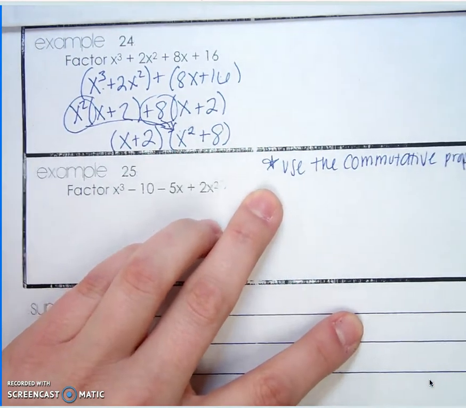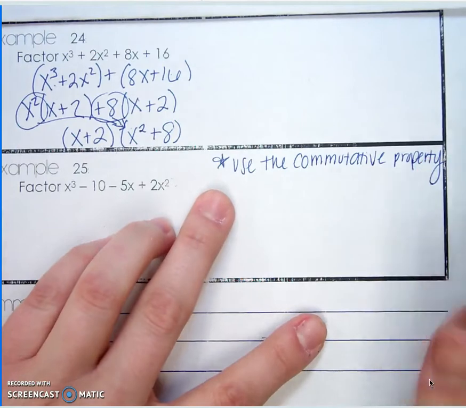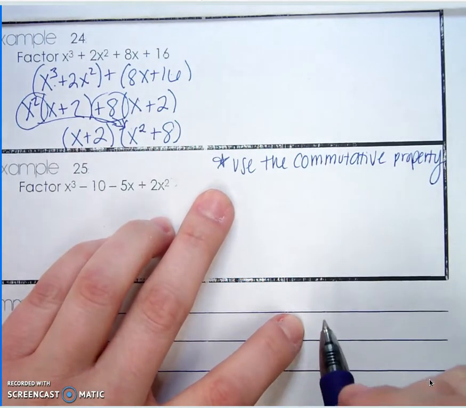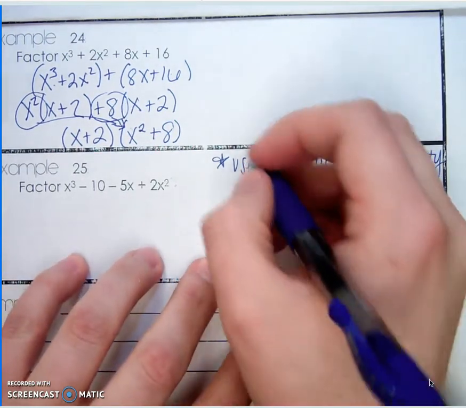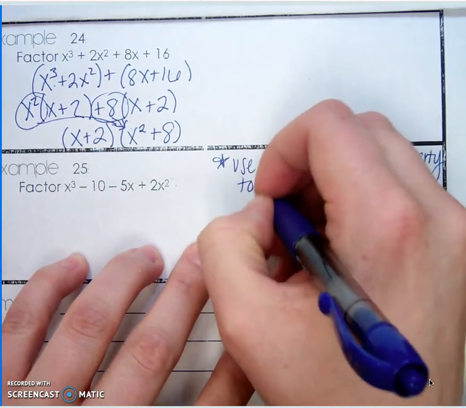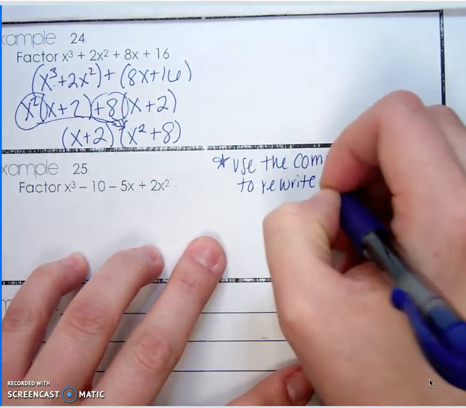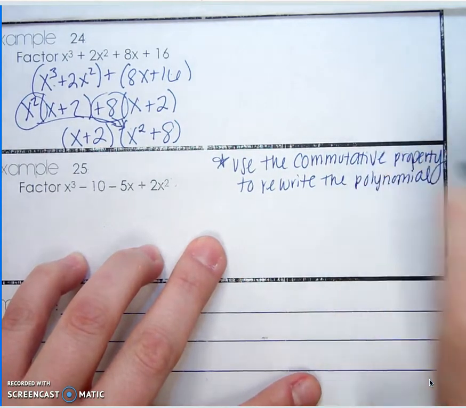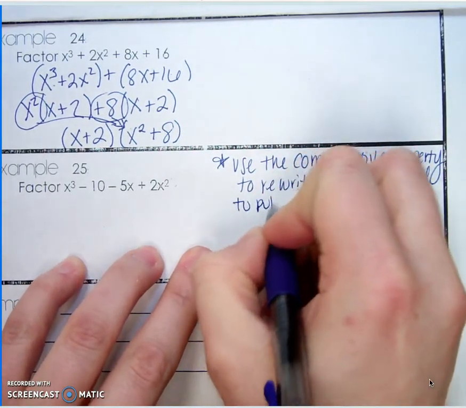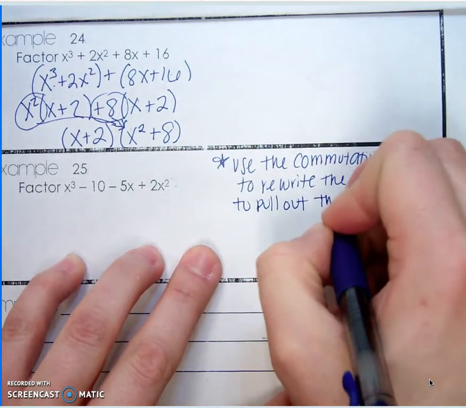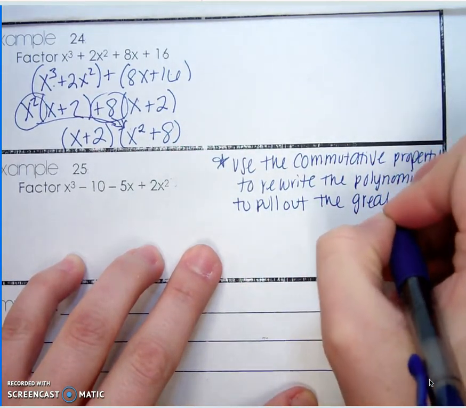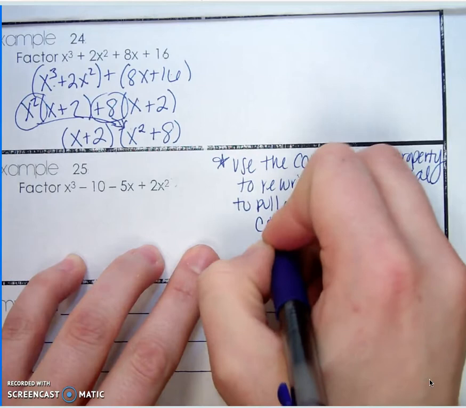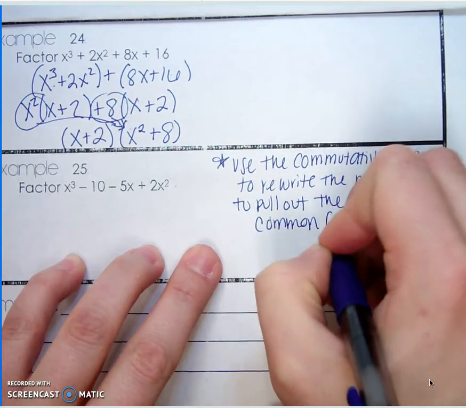That's just the property that tells me that I can move the things around in my equation or my expression. I'm going to use this to rewrite the polynomial to pull out the greatest common factor.